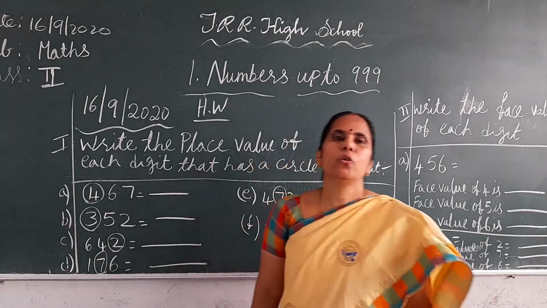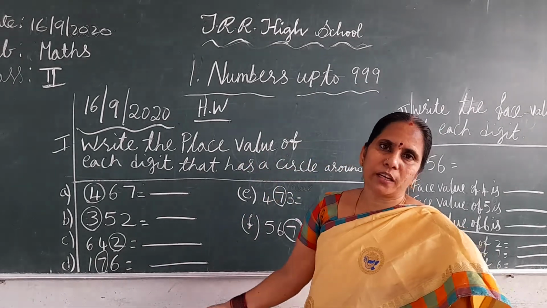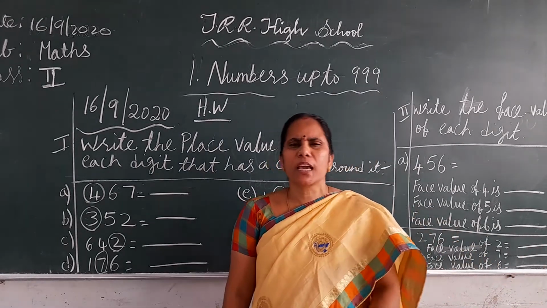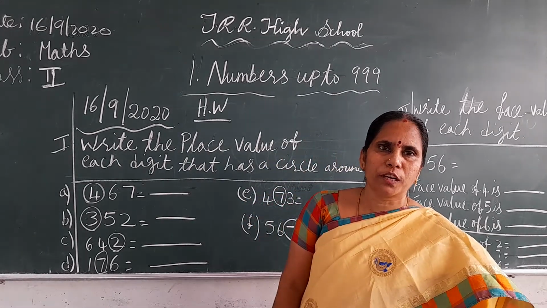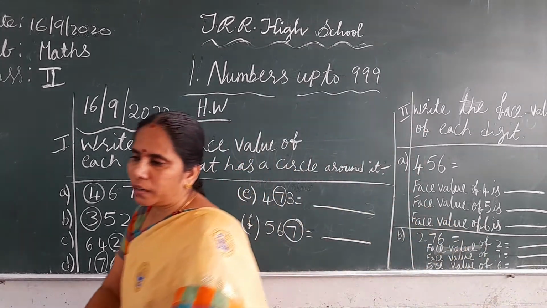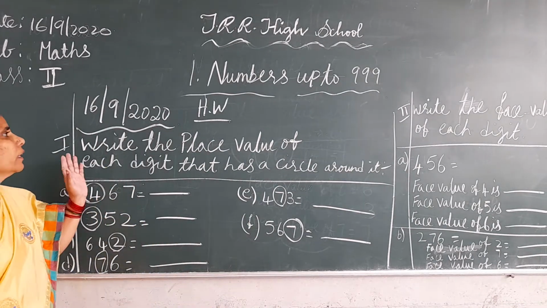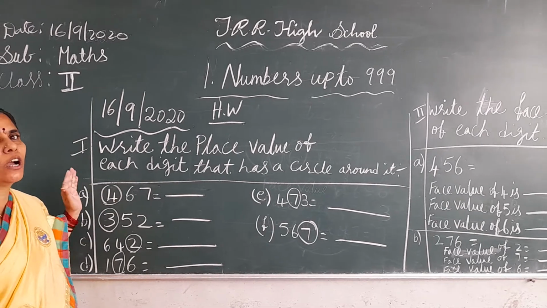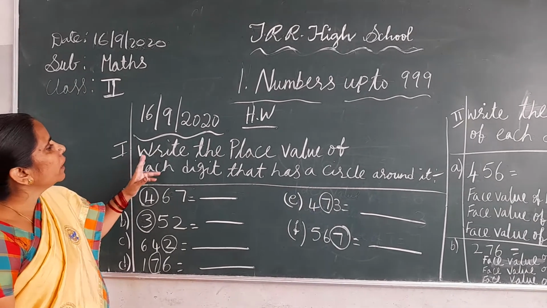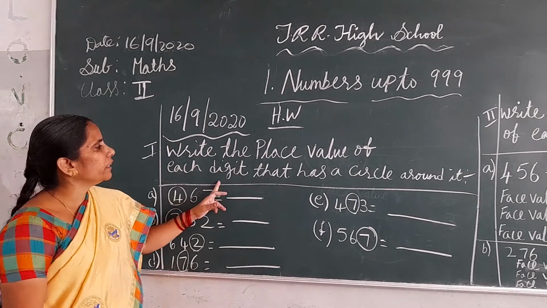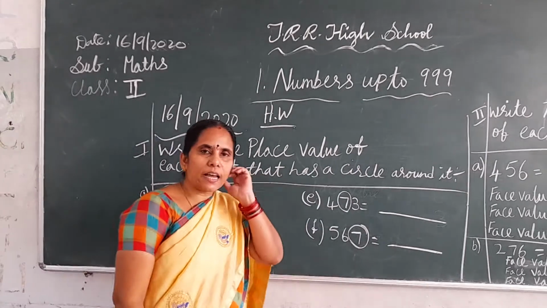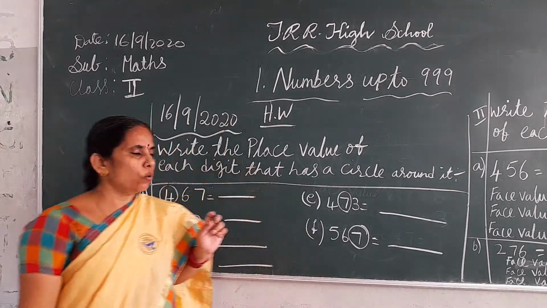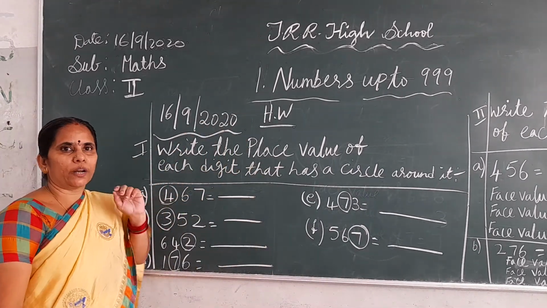Okay children, you all understood place value and face value. The same thing only I gave you as homework. Here I will explain how to do the homework. Take the book and copy down everything first, then I will tell you how to answer also. See here. Write the place value of each digit that has a circle around it. Only the circled one you write.